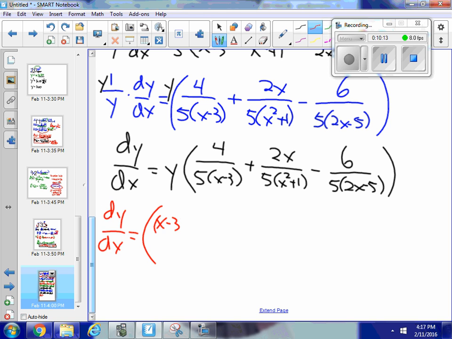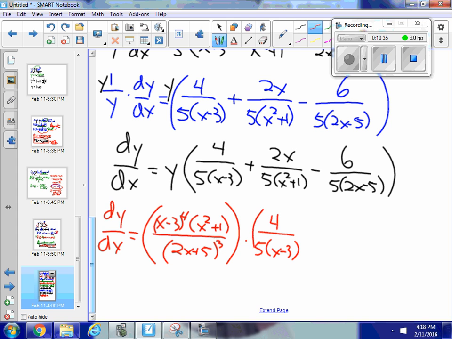(x − 3)⁴ (x² + 1) divided by (2x + 5)³, times 4 over 5(x − 3) plus 2x over 5(x² + 1) minus 6 over 5(2x − 5).